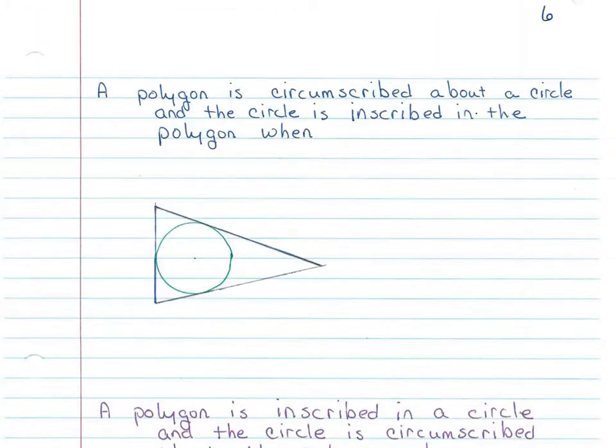A polygon is circumscribed about a circle. Circumscribed is on the outside. The circle is inscribed in the polygon when each side of the polygon is tangent to the circle.